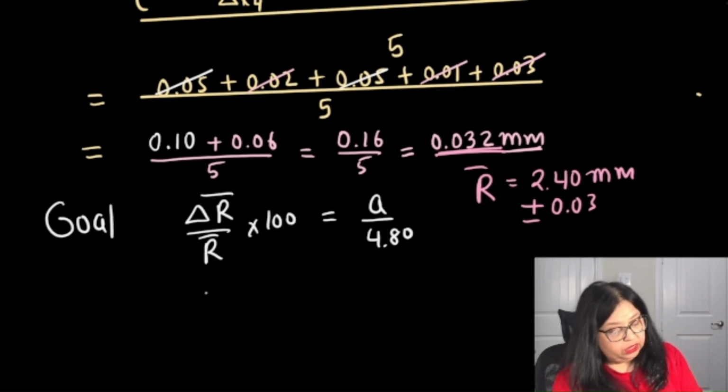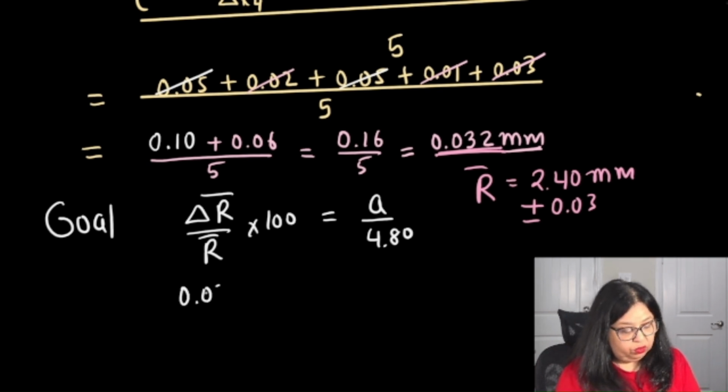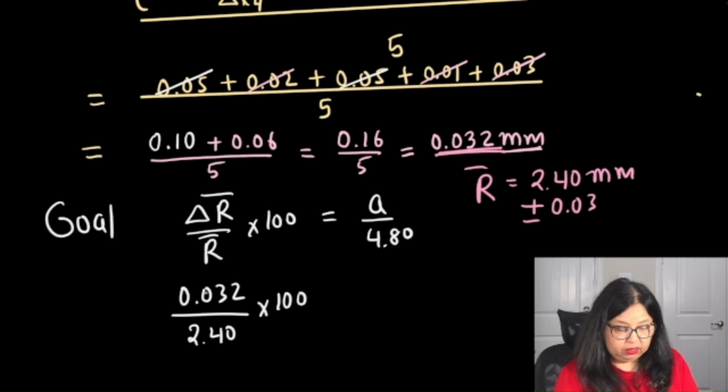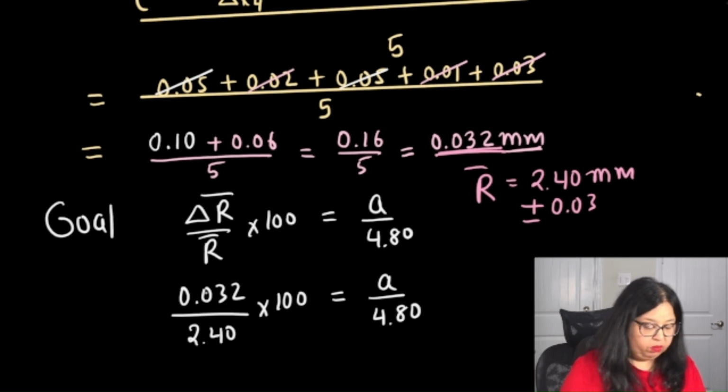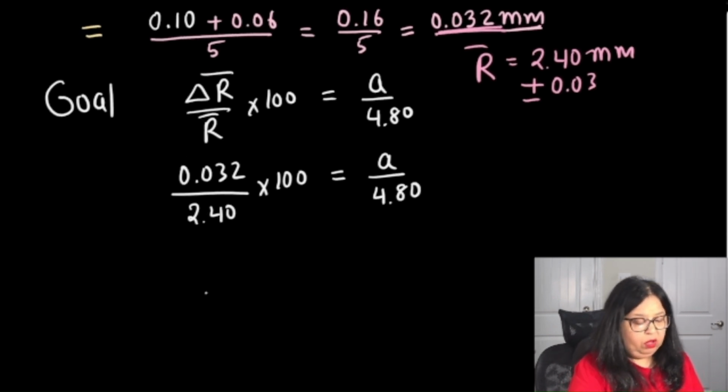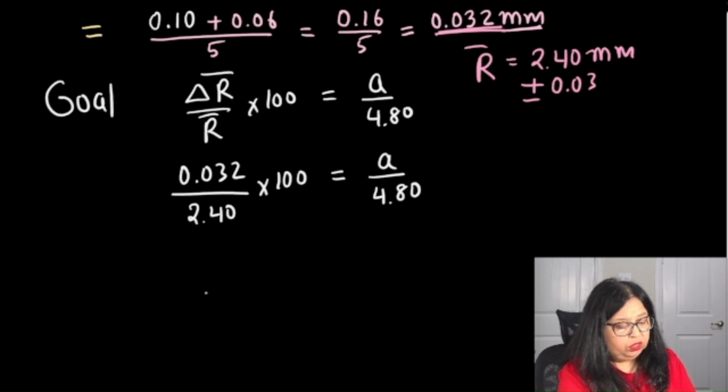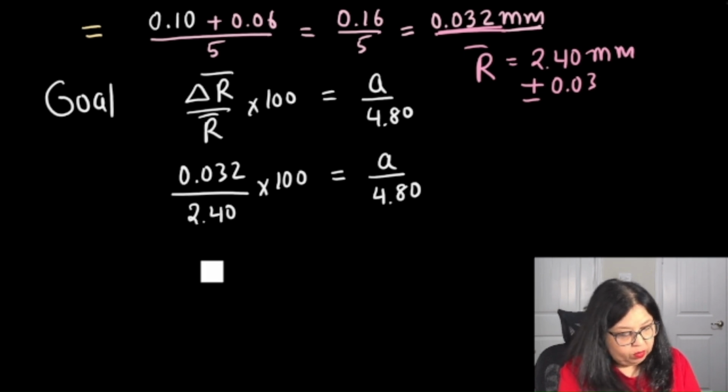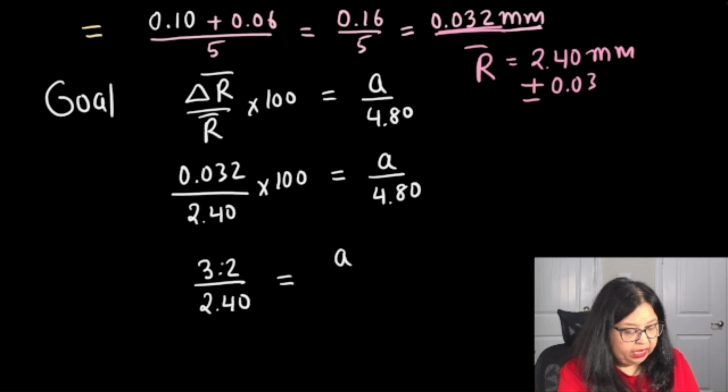Okay. So delta R bar is 0.032 divided by R bar 2.40 times 100 equals what? A divided by 4.80. Okay. So 0.032 times 100 is what? 3.2 divided by 2.40 equals A divided by 4.80.